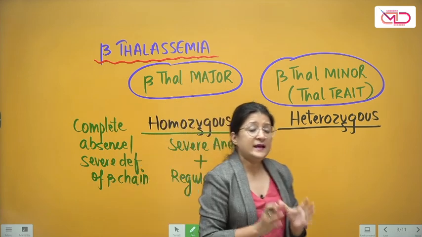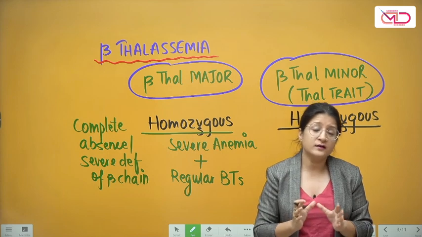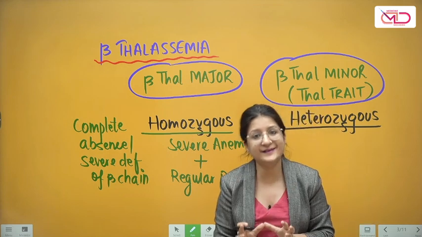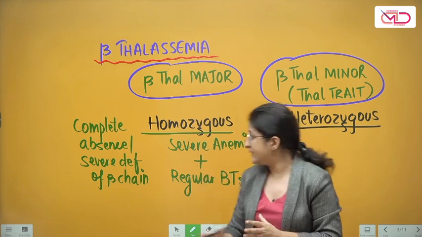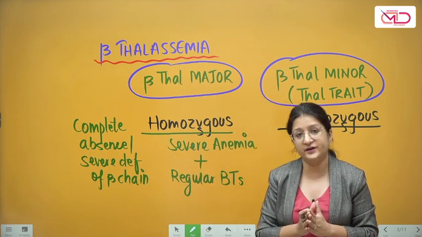So, the beta-thal minor will show only little decrease in the beta globin chain synthesis. There will not be complete absence or a severe deficiency.